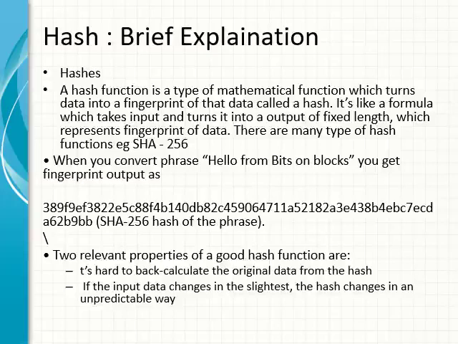So there are two relevant properties of a good hash function. It is hard to back calculate the original data from the hash. This property matters because once the input data is converted into the hash value, if we could construct the original value from the hash, then any intruder or any person who wants to tamper with the data could easily construct the original value from the output data, and this is not allowed.